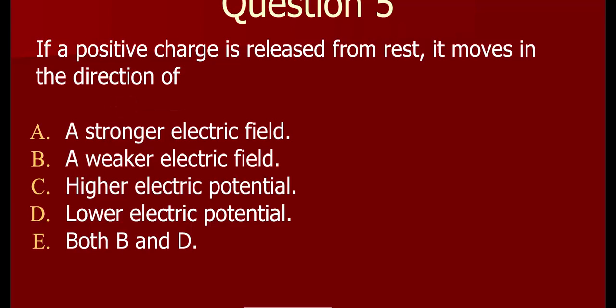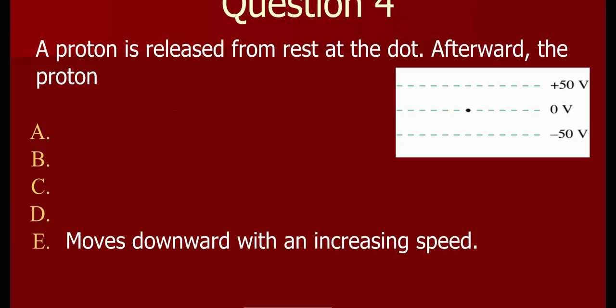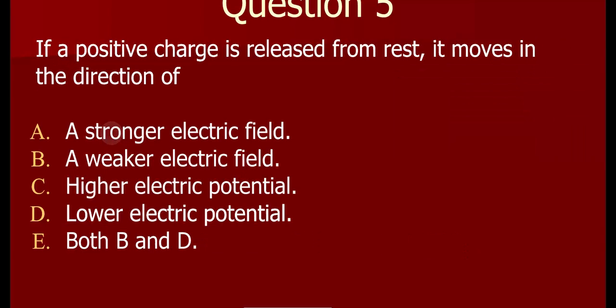A positive charge is released from rest. What did it do in terms of voltage here? It went to the lower voltage. Lower versus negative. It's lower. Okay, so that's a lower electric potential, so it's definitely D. So the question is, is B true? Is it a weaker electric field? I don't know. Isn't it the same?